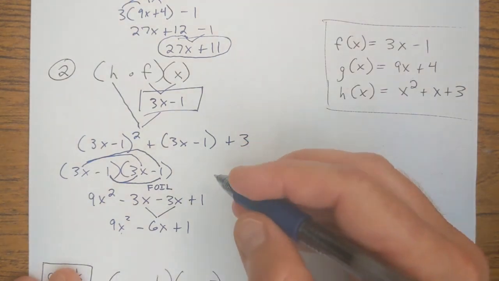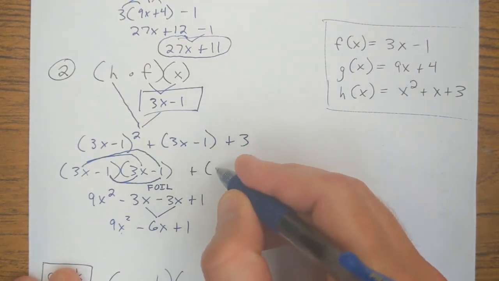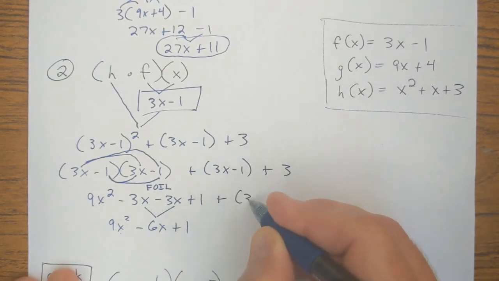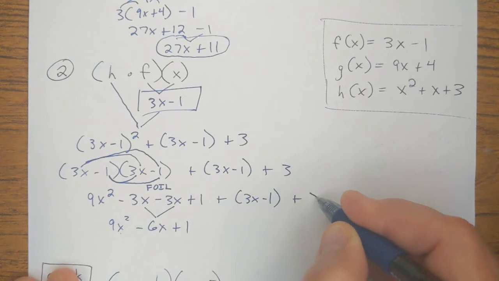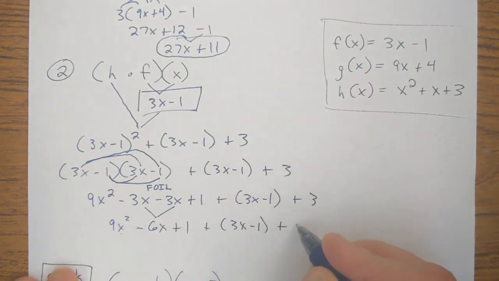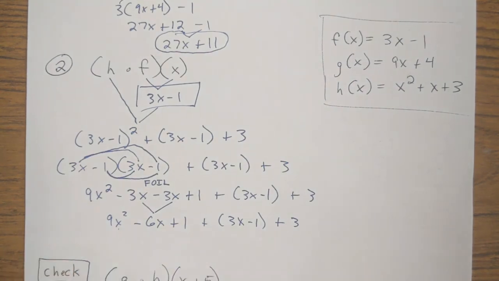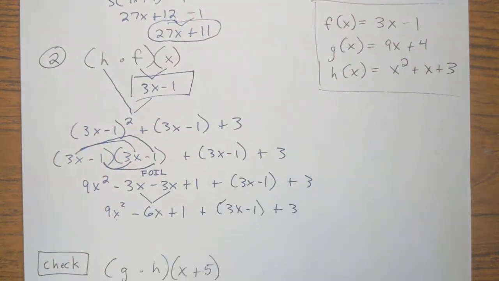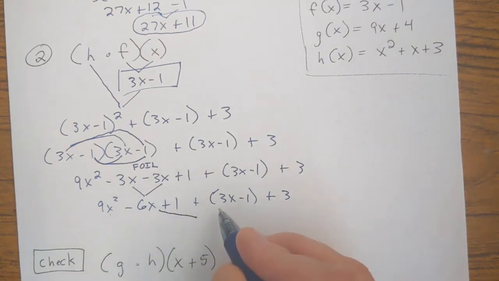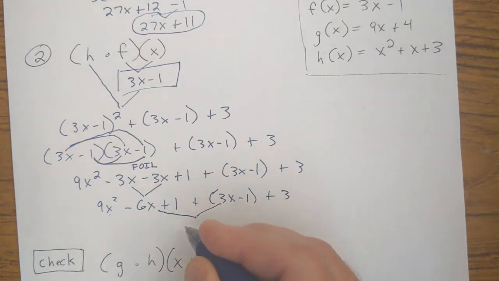Now I can carry down the rest of this problem. I'll write it out. Don't forget, we still have this plus 3x minus 1 plus this 3. When I combine all this together in my final step, let's see what I can do here. I can add a negative 6x plus a 3x, which is a negative 3x.